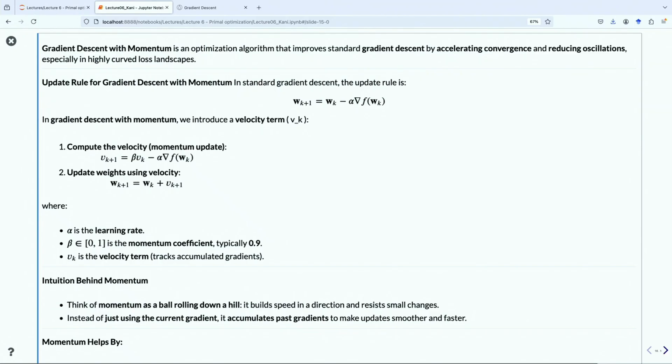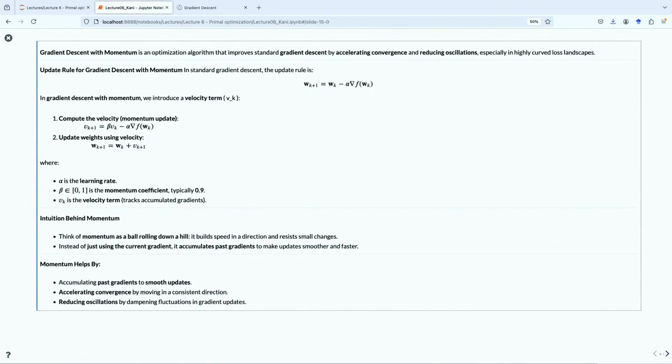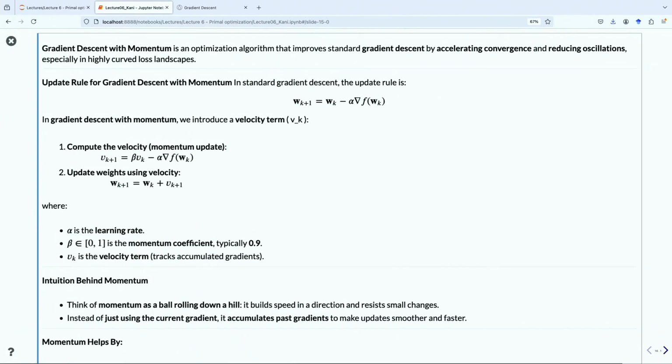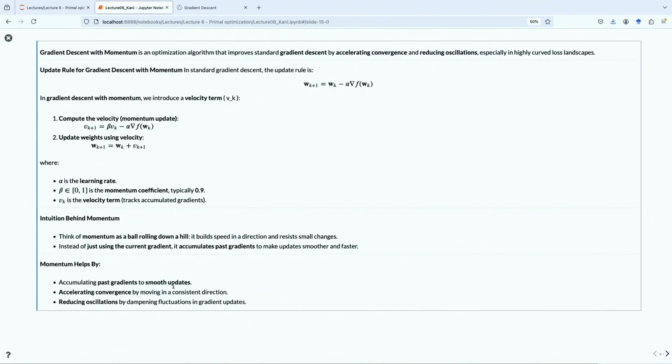But in this way, because you are simply adding the past velocities, and those past velocities are dependent on other past velocities and past gradients, you are in effect collecting the effects of all the past gradients, and it's helping smooth out your trajectory. And I guess we covered smooth updates, accelerating convergence, and reducing oscillations.